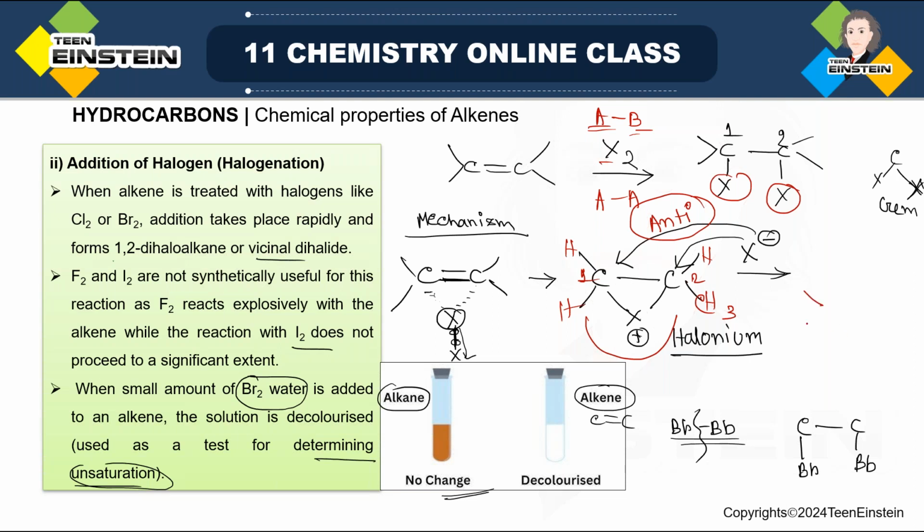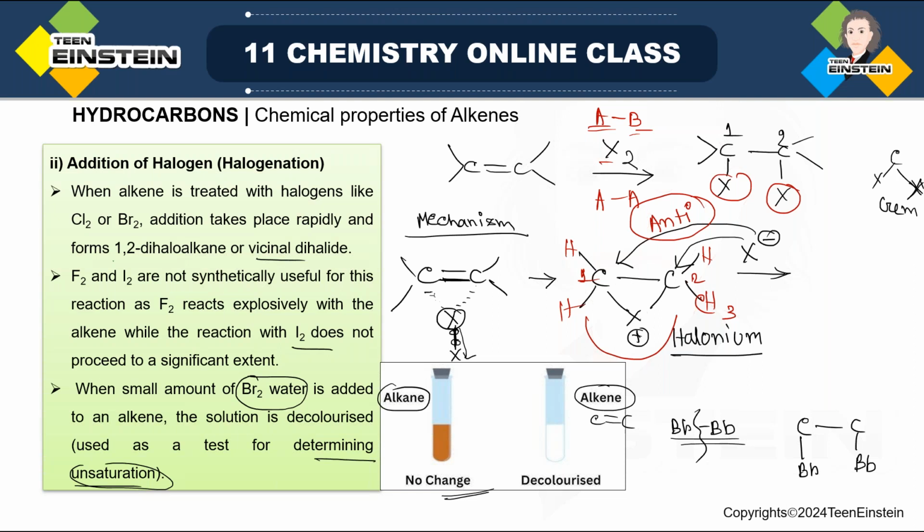In that case, we have seen CX here with a positive charge, so X minus can attack from the side of the CX bond or from the opposite side. But when it is a halonium ion, one side is blocked, so the X minus will attack from the other side.